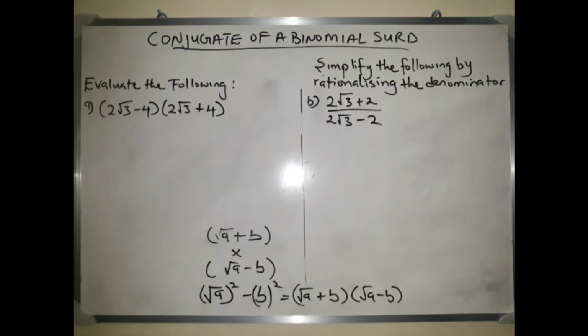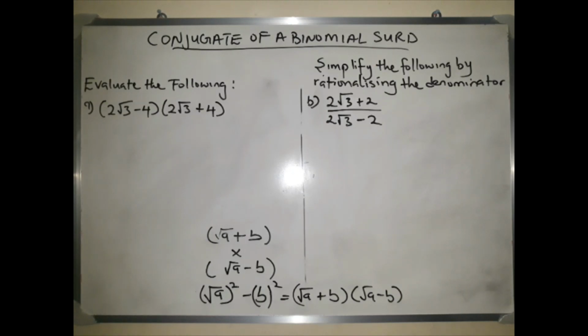And for you to rationalize a binomial surd, you're going to have to multiply it by another expression which is similar, but the only difference is that if the first expression had a positive sign in the middle, then the second one you're multiplying it with will have a negative or a subtraction sign in the middle.